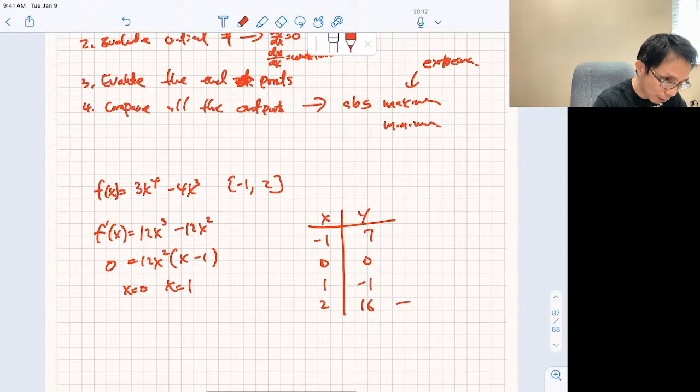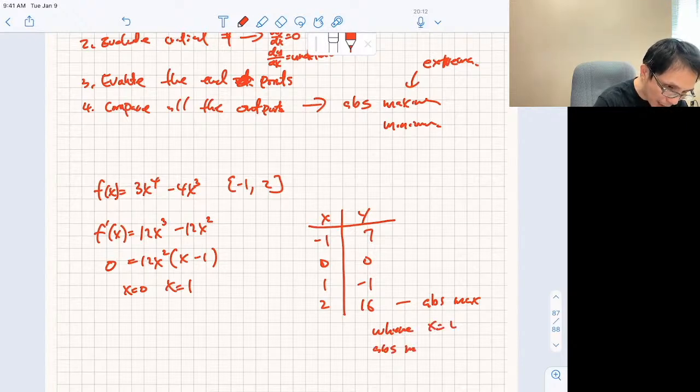The way I think about value is y-u, the y value. Does that make sense? So therefore, it's going to be 16.